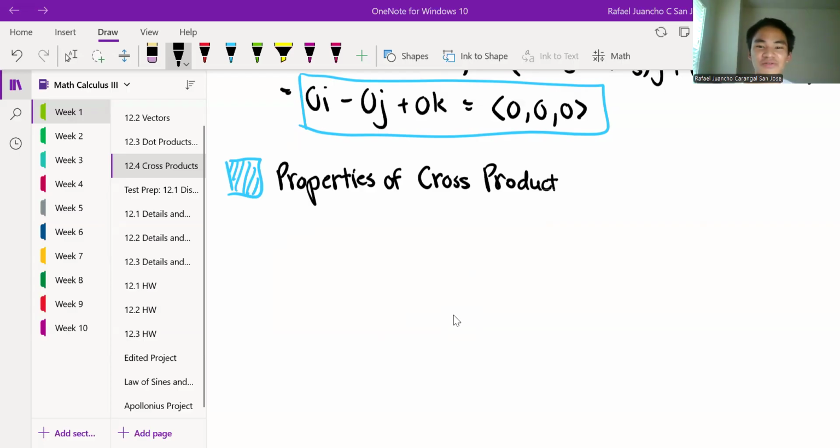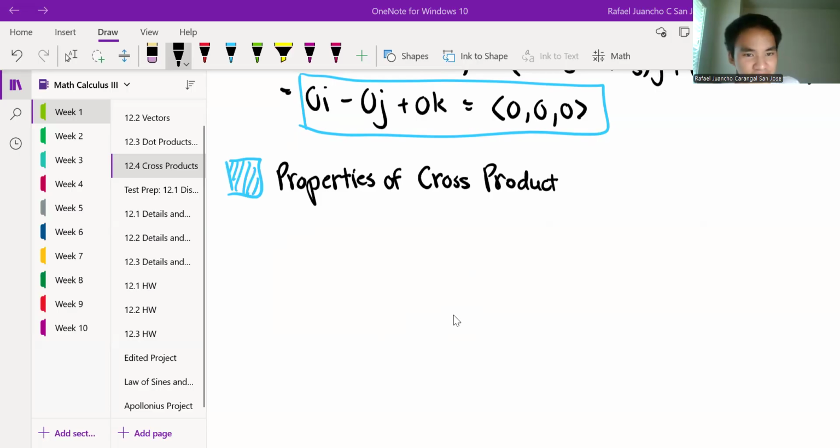Okay, so we constructed the cross product of A and B, and it would be perpendicular to both A and B. So their cross product is a vector that's perpendicular to both A and B. And this is one of the most important properties of a cross product. So let's emphasize and verify it in the following theorem and give a formal proof.